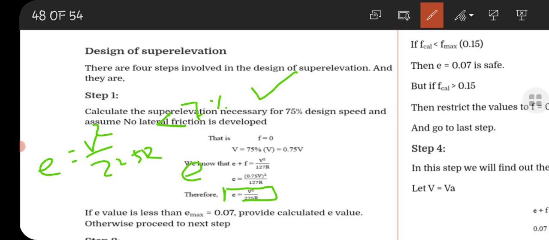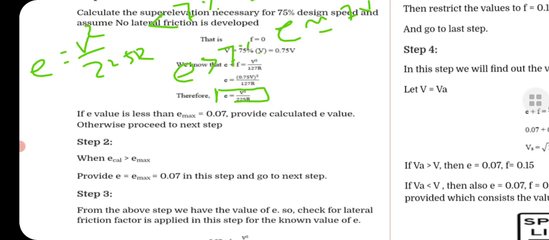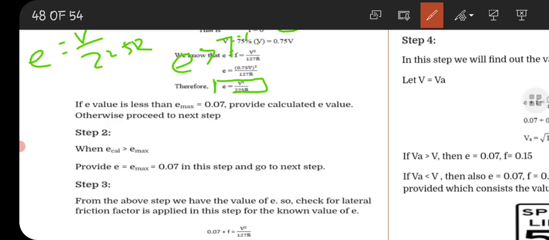Then coming to the next step, if the E value is greater than 7%, then adopt E equal to 7% and consider friction. In the third step we will apply the formula E plus F is equal to V square upon 127R.